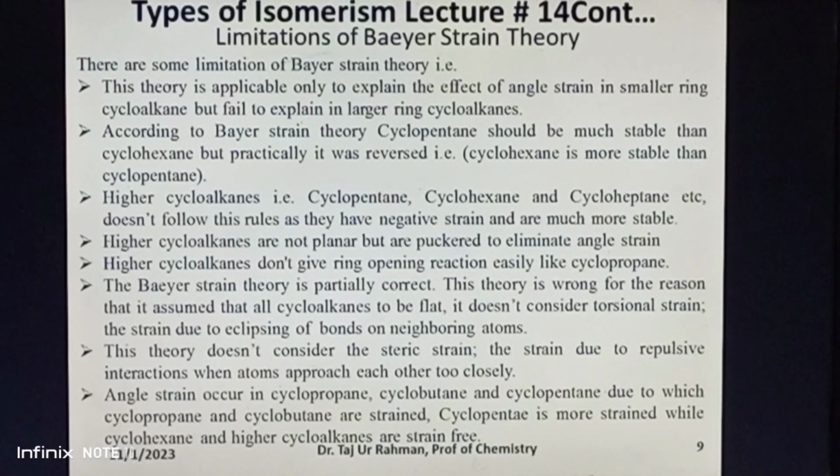Number eight, in cyclopropane, cyclobutane, and cyclopentane, angle strain occurs, due to which cyclopropane and cyclobutane are strained. Cyclopentane is more strained, while cyclohexane and higher cycloalkanes are strain free.